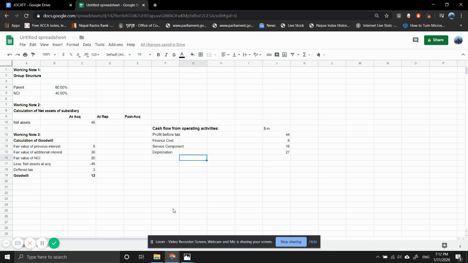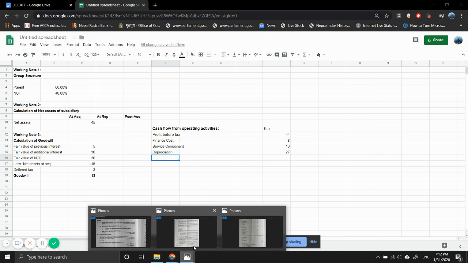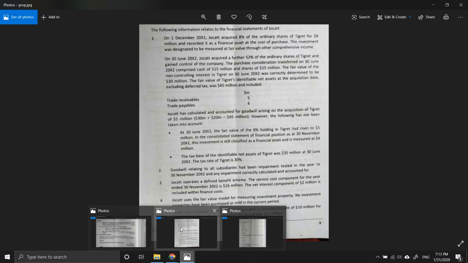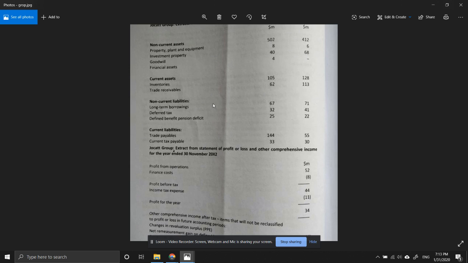After that, let's look at a few more things. Let's look at goodwill, and then we will look at PPE as well, okay? Or what we could do is that we could do that first of all.